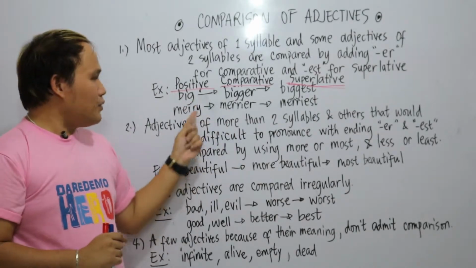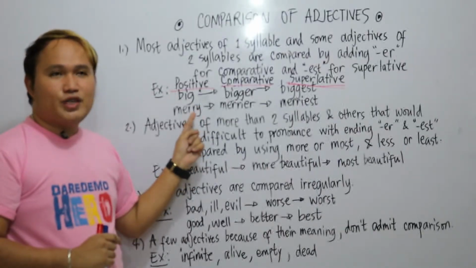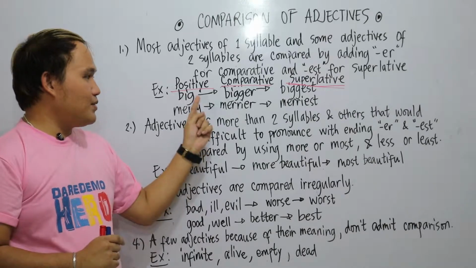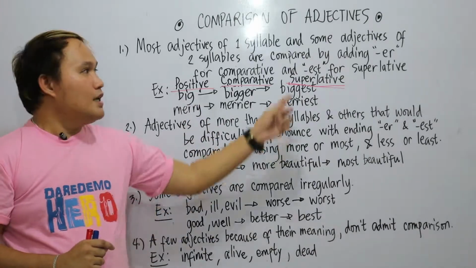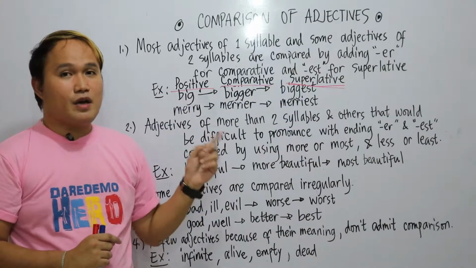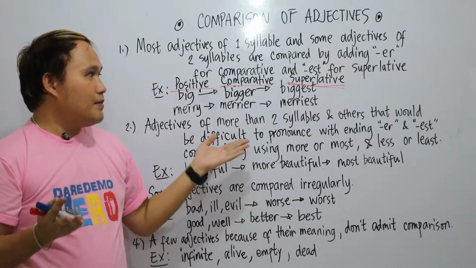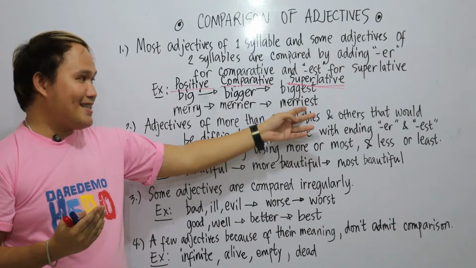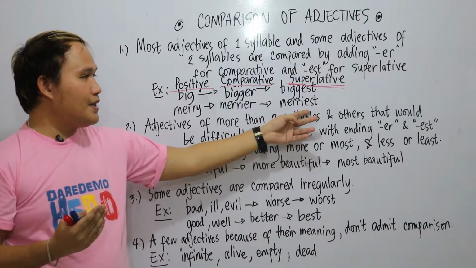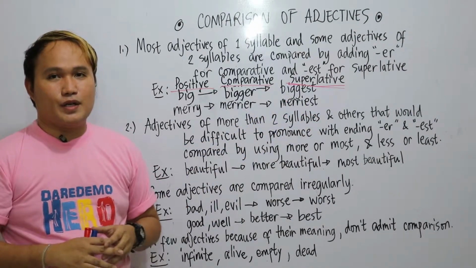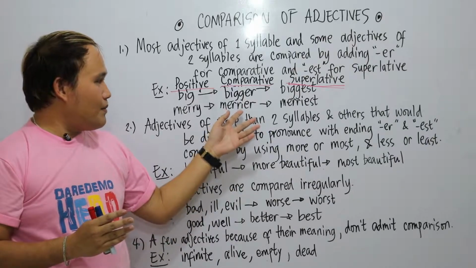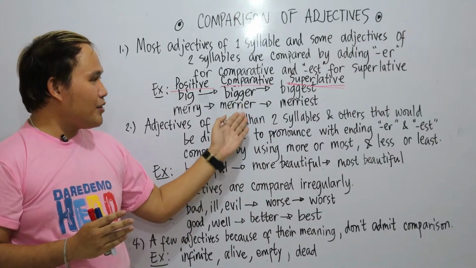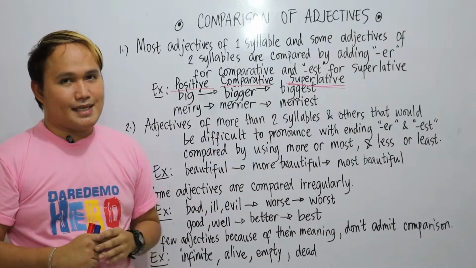If the word ends in Y, you have to change the letter Y to I and then just simply add ER if we're talking about comparative. If it's superlative, however, you're going to put in EST in the end after the word. So from merrier, it will become merriest.